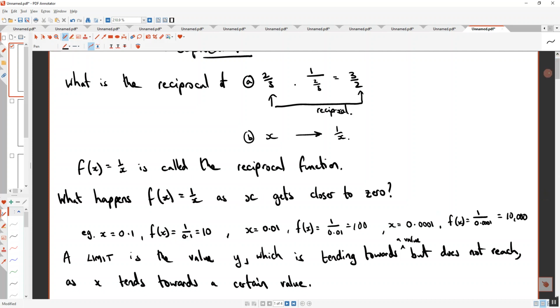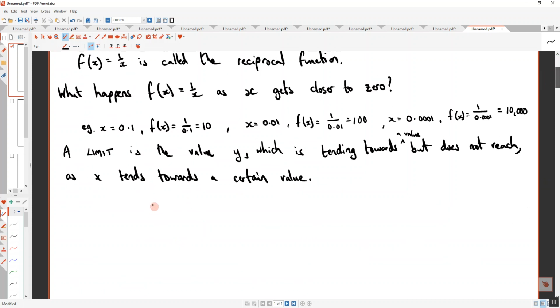The way that we write it, I'll show you now. For f of x equaling 1 over x, the first limit is given as: we say the limit of f of x, which is our 1 over x.